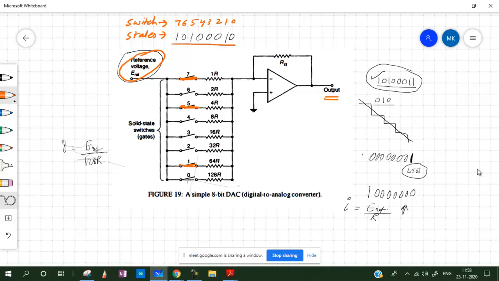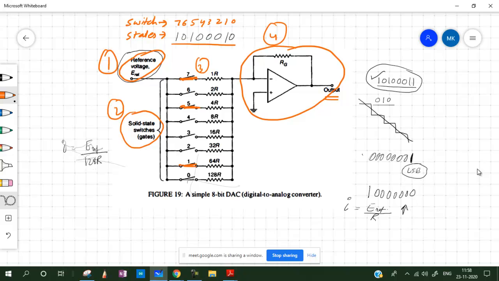And the third one would be solid state switches, which are these. This could be simple logic gates and maybe other transistors. And the fourth one is the op amp circuitry. So we require these 4 components for a digital to analog conversion. Okay?